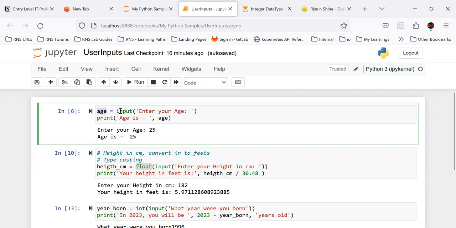But how do you take the values from the user? Yes, the input function. The input function takes an argument and provides an interaction in the console, and whatever value or text the user enters, it returns in the format of a string, and that string is assigned to the variable.